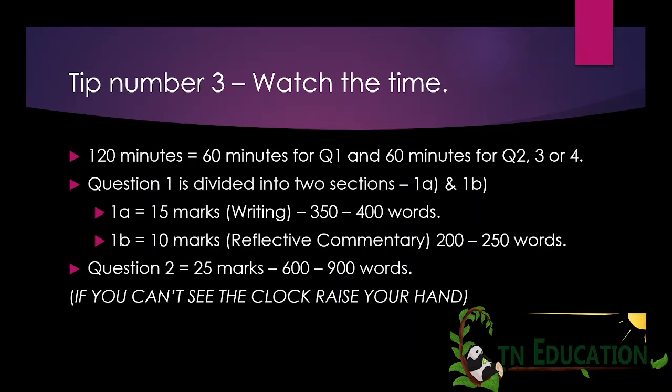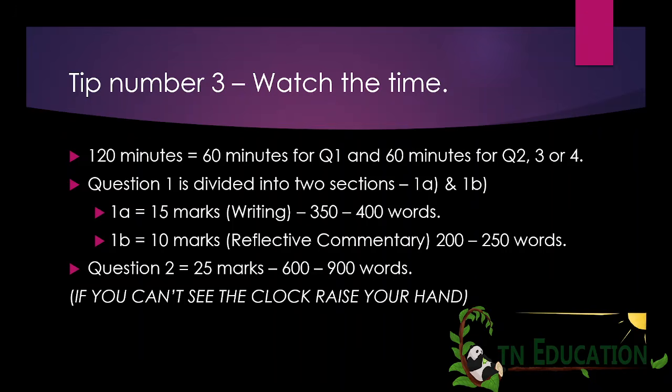This is the writing. This is where all your planning, okay, comes into play here. You're expected in question 1A to write between 350 to 400 words. And the actual exam says do not go over 400 words. And that is actually to help you with your timing.